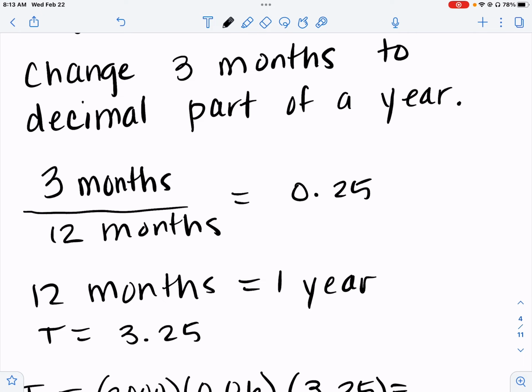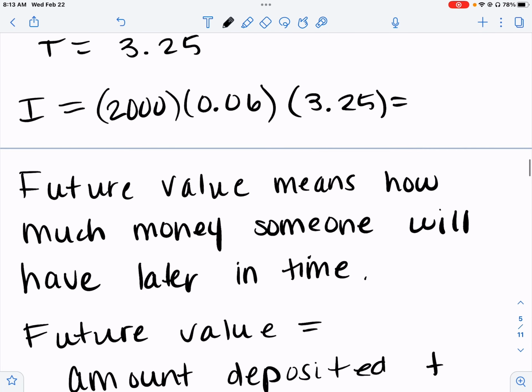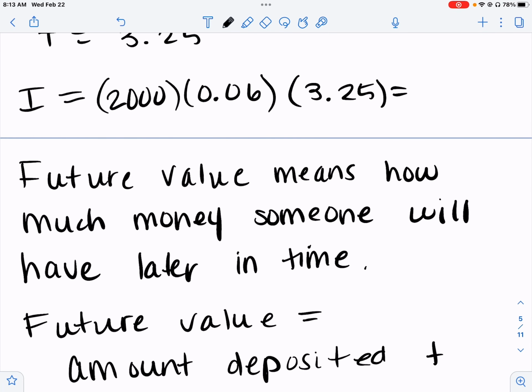So our 3 years and 3 months is 3.25. So we multiply our P times our R times our T. 2,000 times 0.06 times 3.25 is 390. So the interest is 390.